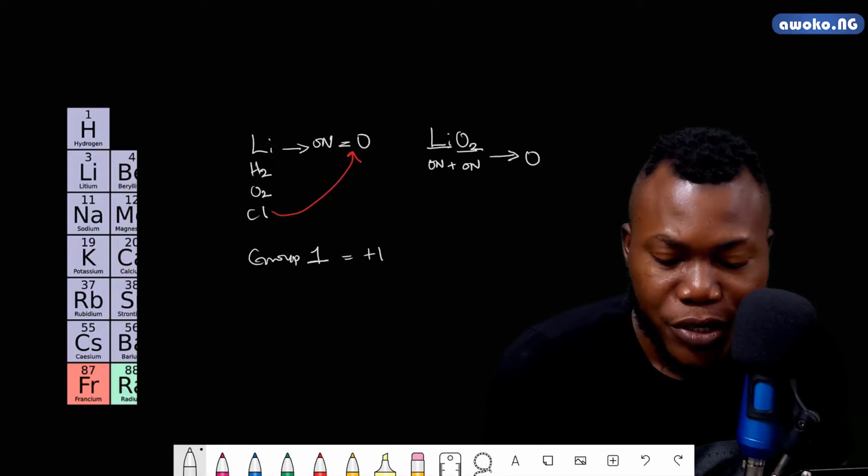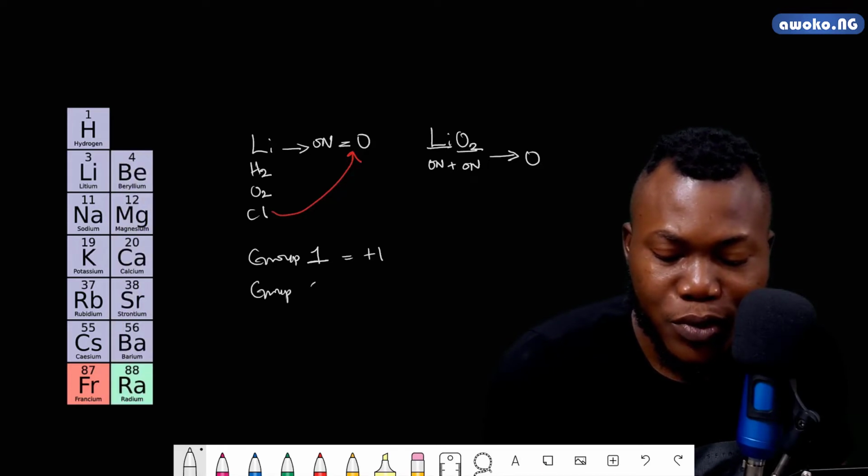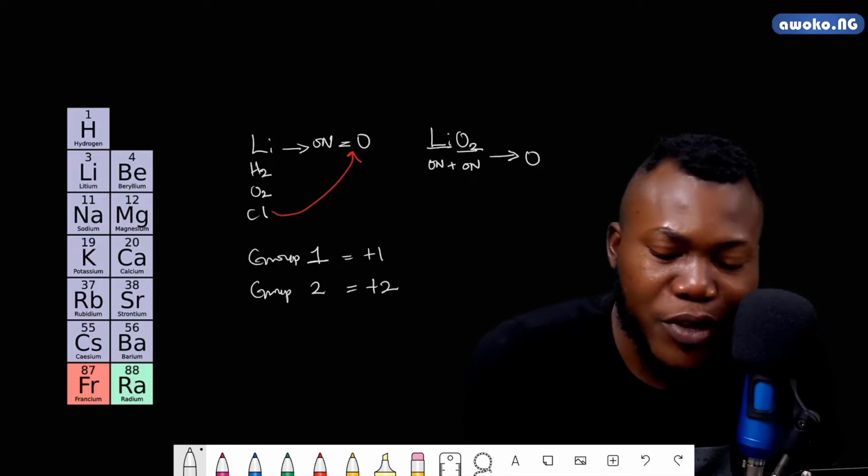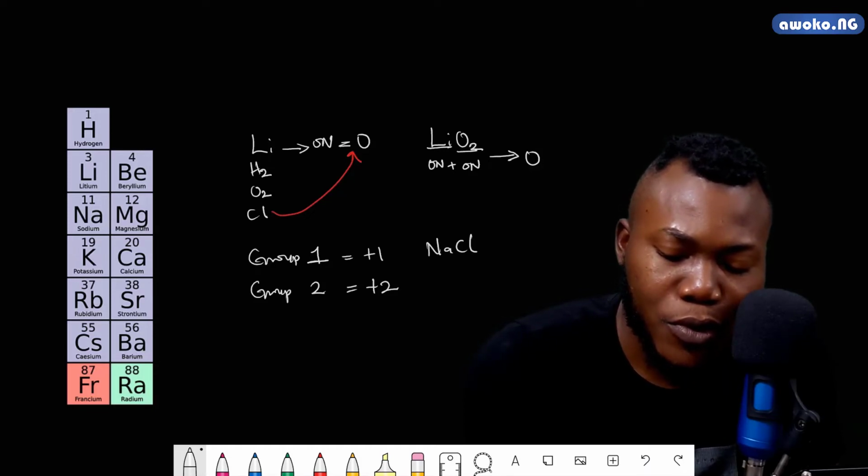If you find it in group 2, it will be equal to +2.